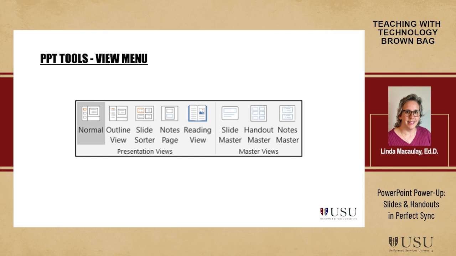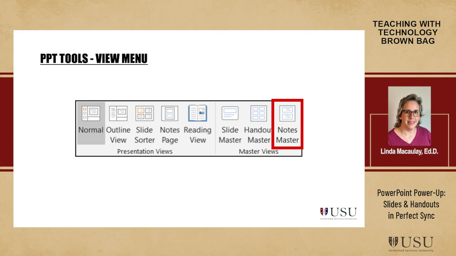So in PowerPoint today, we're going to show you 2 tools to create the handout right in your PowerPoint slides file. Under the View menu, you're going to use the Notes Master to create all of the elements on our handout that we need to be the same on every page.